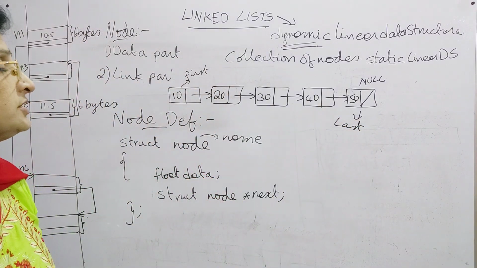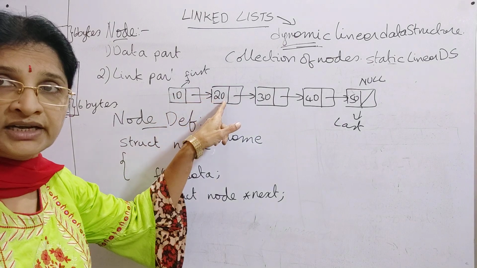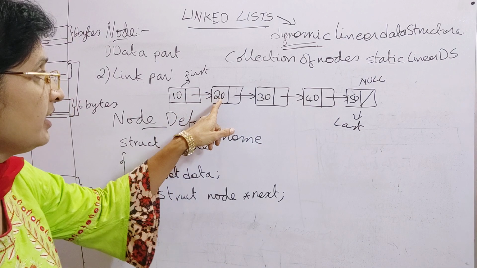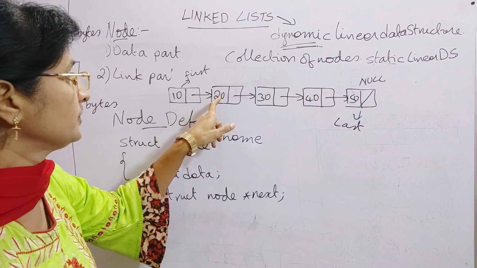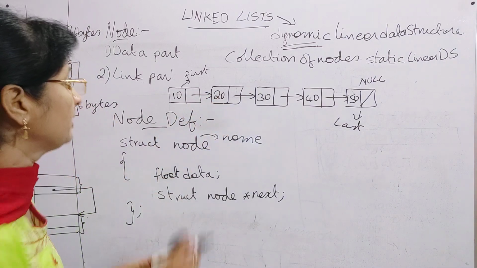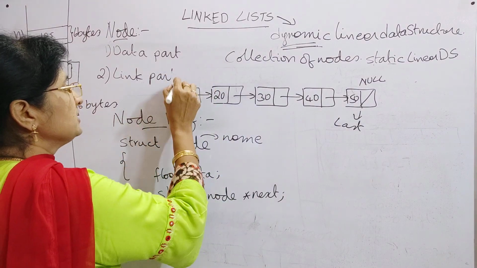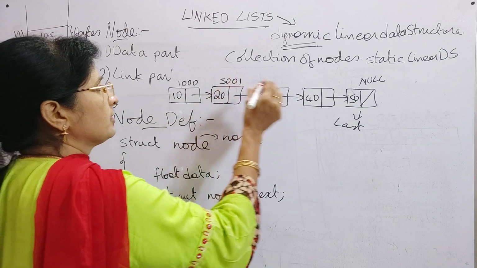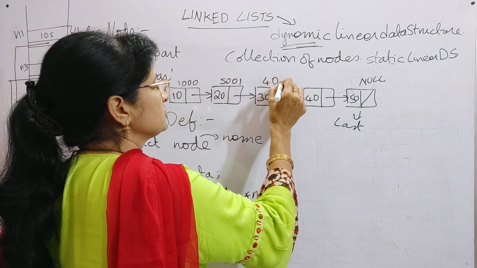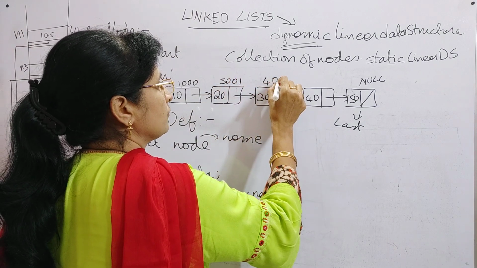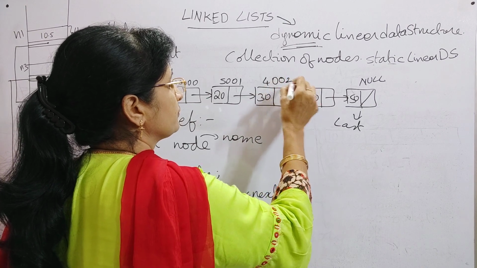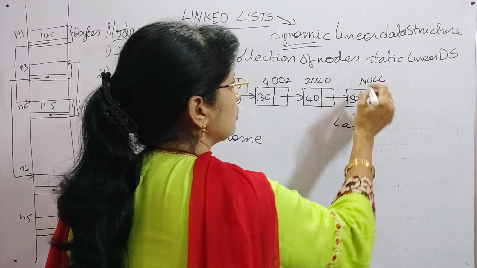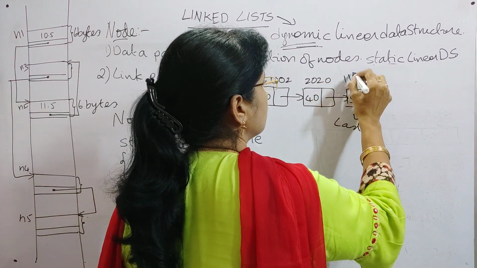Suppose you lose the first node, since it has the address of the next node, the second node. I will explain with memory locations. For example, this is stored at 1000 location, this at 5001, this at 4002, this at 2020, and this at 1111.